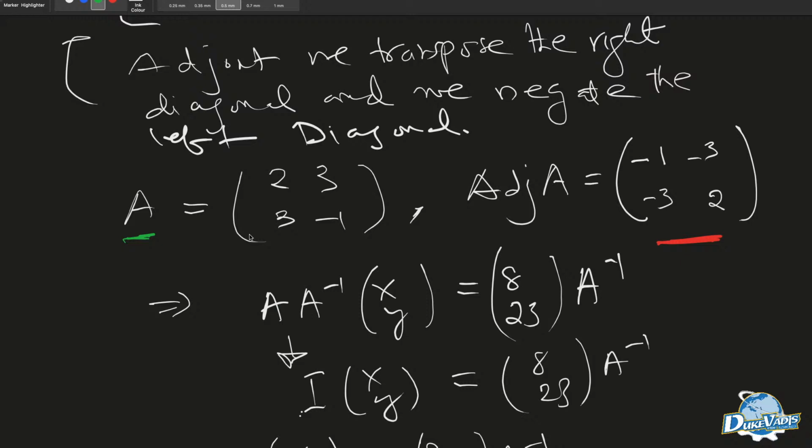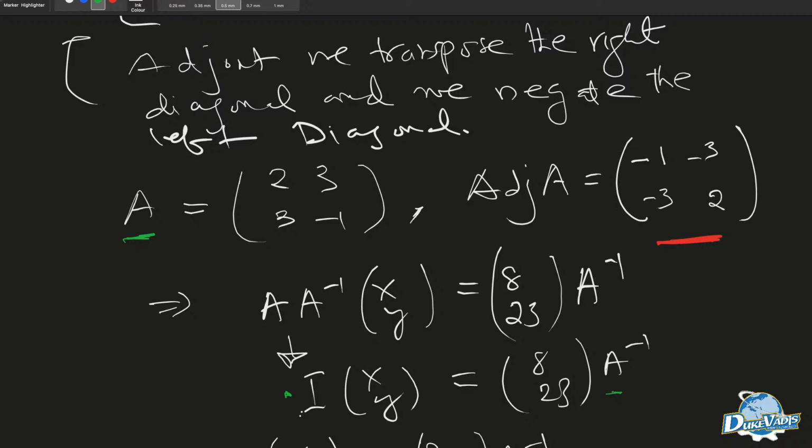As I said, when we multiply a matrix A by its inverse, it is always equal to the identity matrix, which is always symbolized by I. That's the reason why I put I here. So I times xy is equal to A inverse times 8, 23.